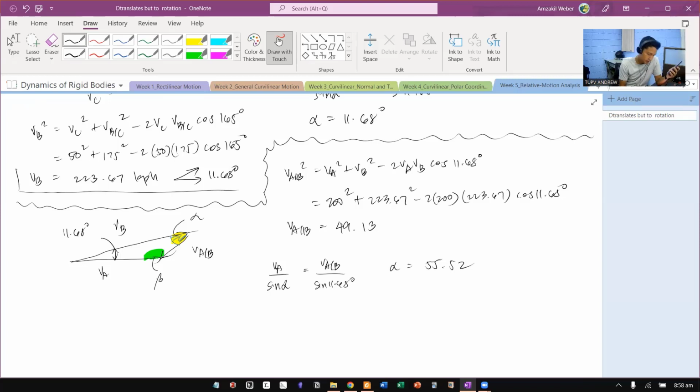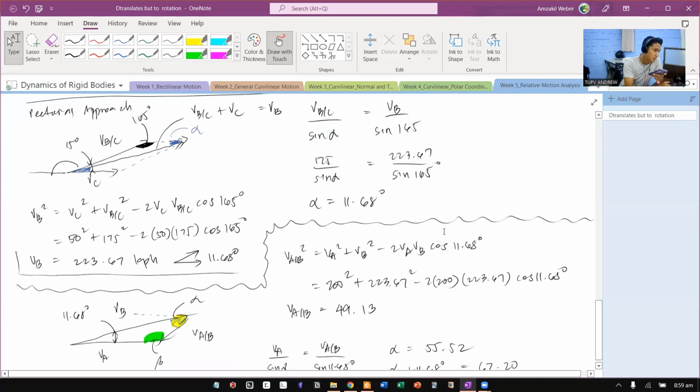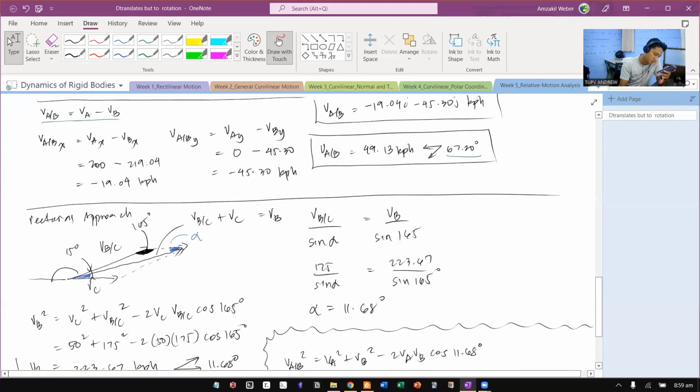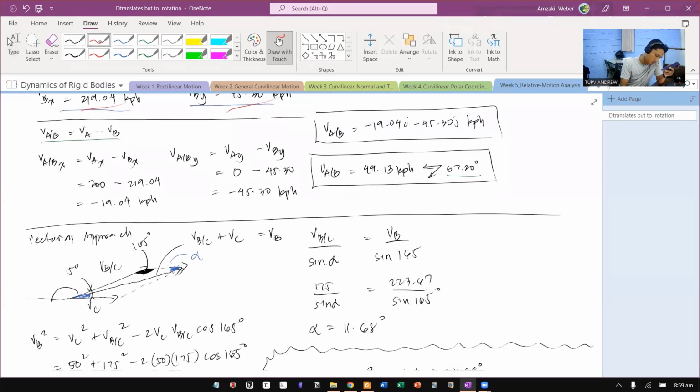But of course, what is shown in the figure is larger, so we add 11.68. This plus 11.68 degrees is 67.20, which is the same there, because it is with respect to the horizontal.